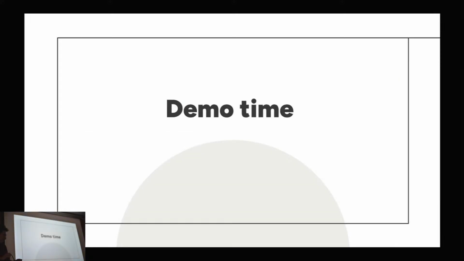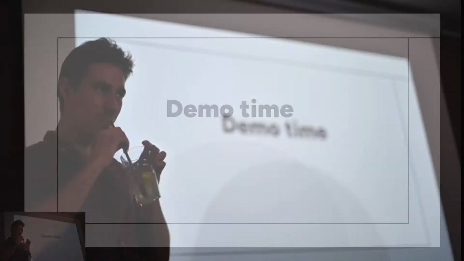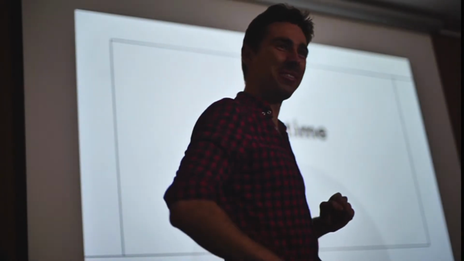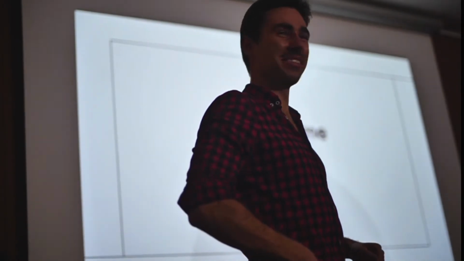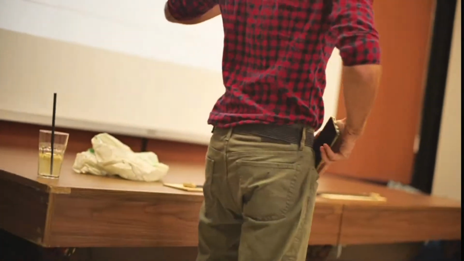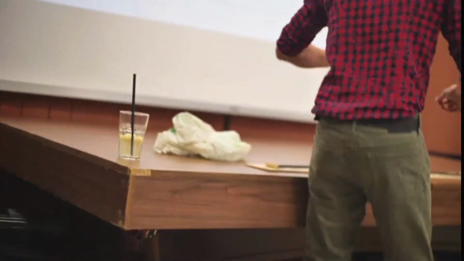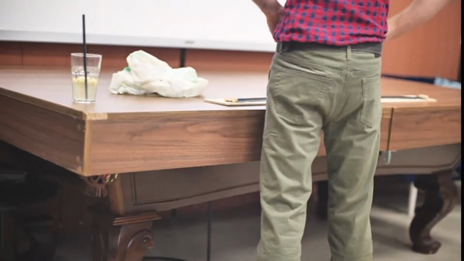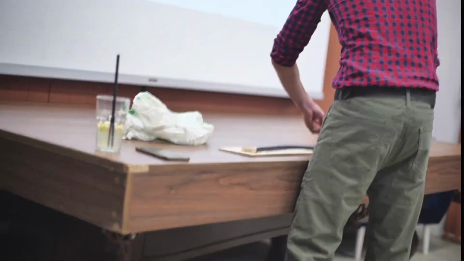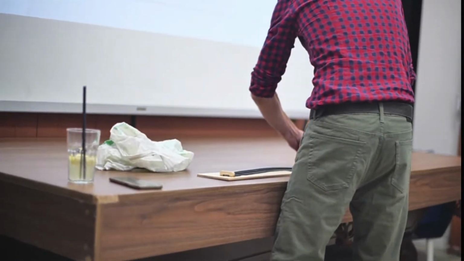Okay, let's make a demo time and run our robot. Who wants to see how the robot will work? No? Okay, we can skip that part. I'm connecting to my Wi-Fi and we will see if it works.